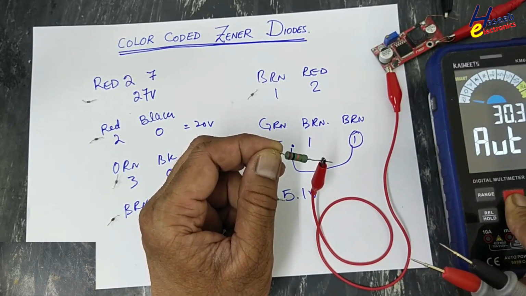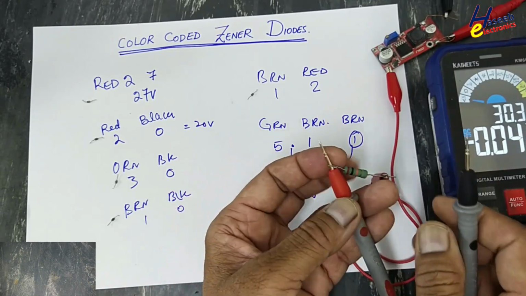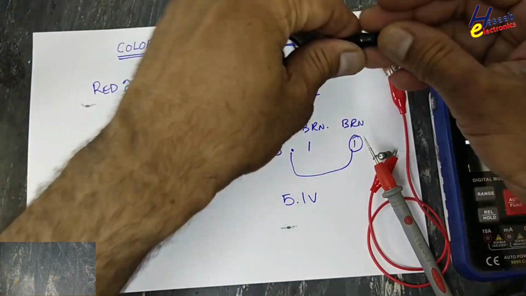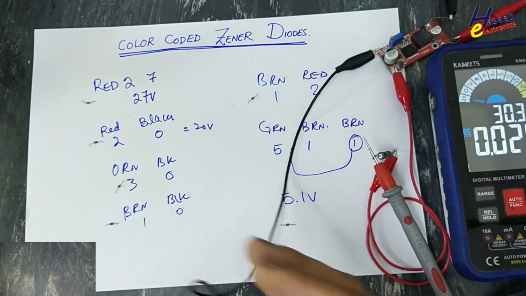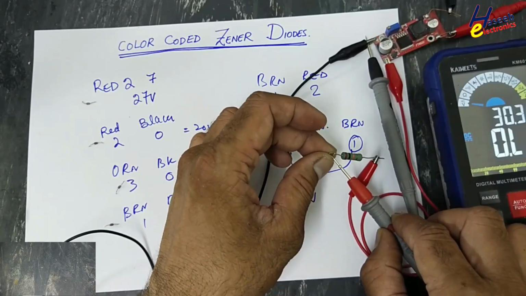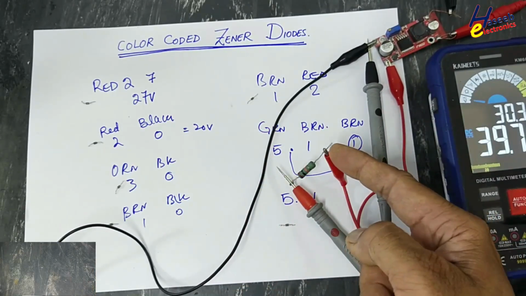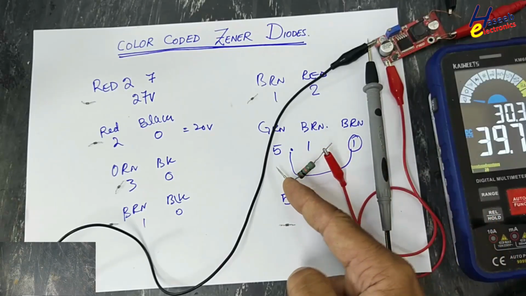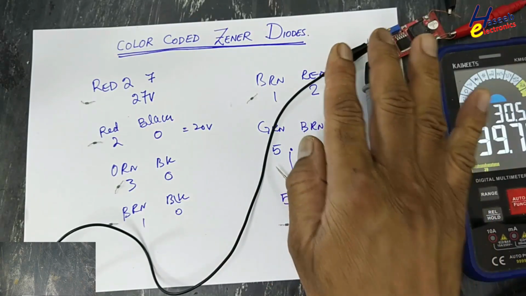DC voltage, we will connect at this point. Black lead common, multimeter common here, multimeter positive after the resistor. Positive voltage, multimeter here, and common to the power supply common.